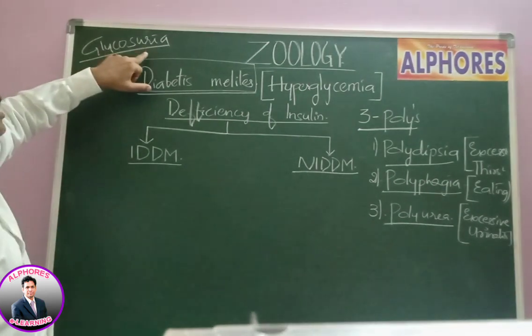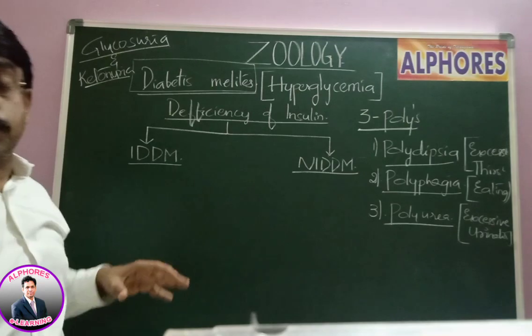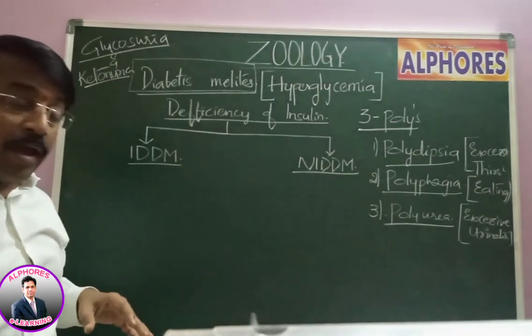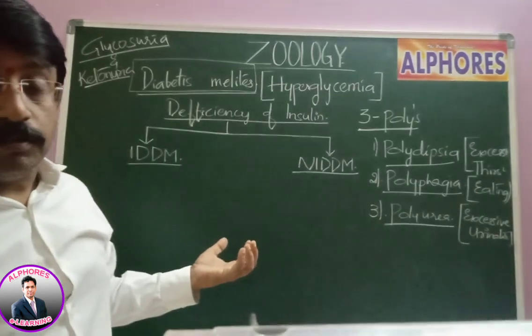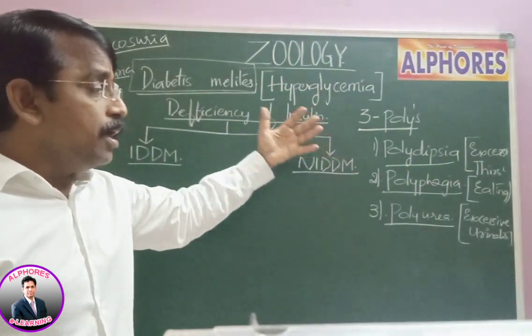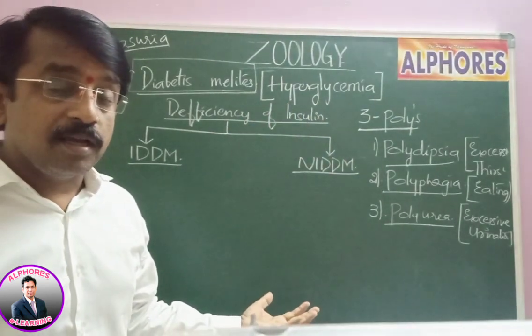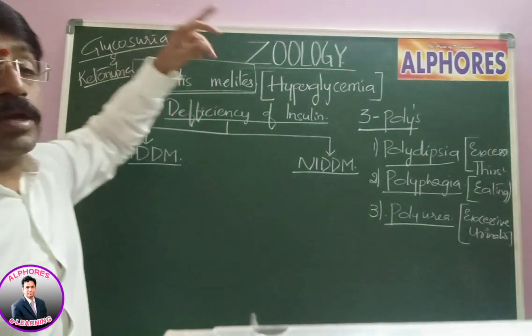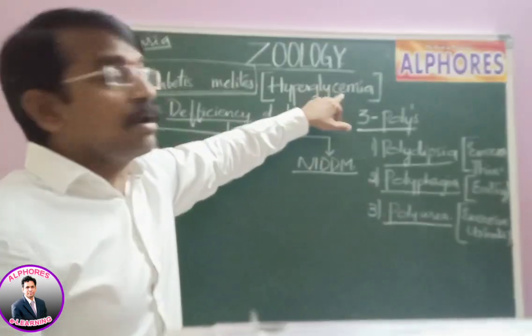That's the reason why glycosuria and ketonuria are the indicatives of diabetes mellitus, where the symptoms observed are excessive thirst, excessive hunger, and excessive urination. Dehydration takes place, all due to the increase in glucose level. That's what hyperglycemia is.